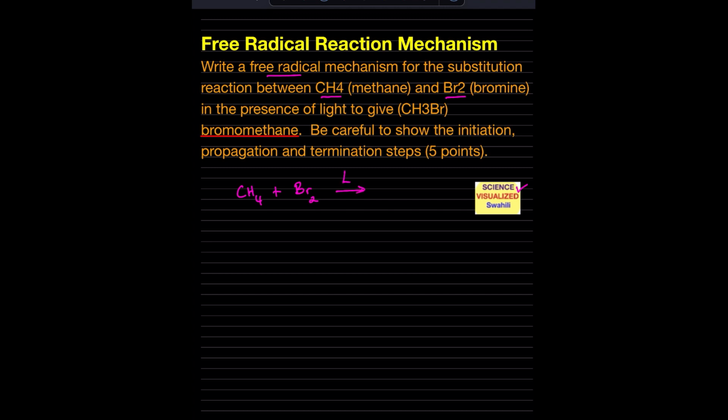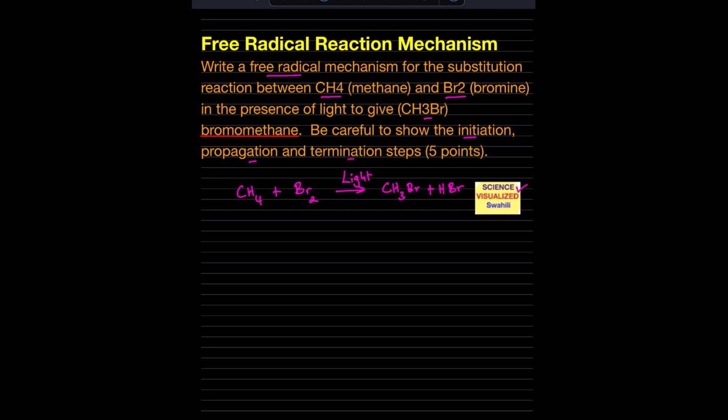So we're using light to give bromomethane CH3Br and of course HBr. And it says be careful to show all the steps: initiation, propagation, and termination.